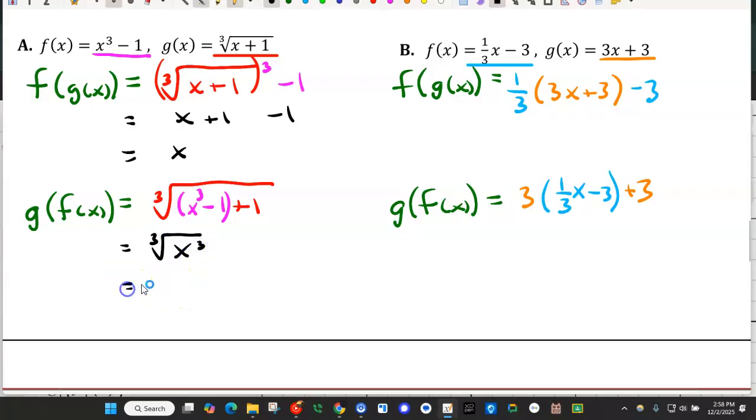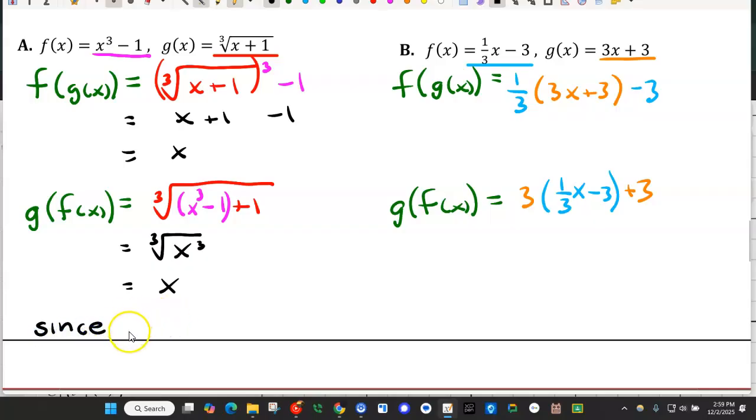So we get x again. So this is one of the rare instances that g of f of x and f of g of x actually are the same exact thing. So when they are the same, what does that mean? That's the question we want to answer.